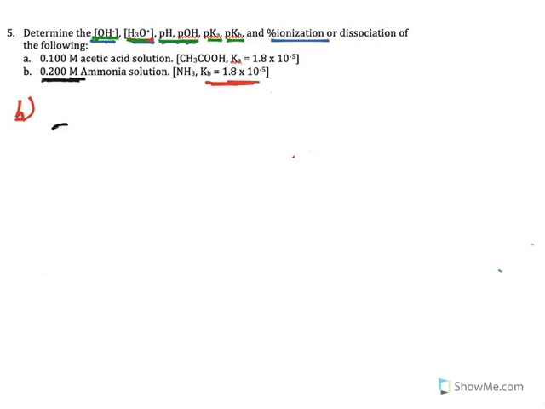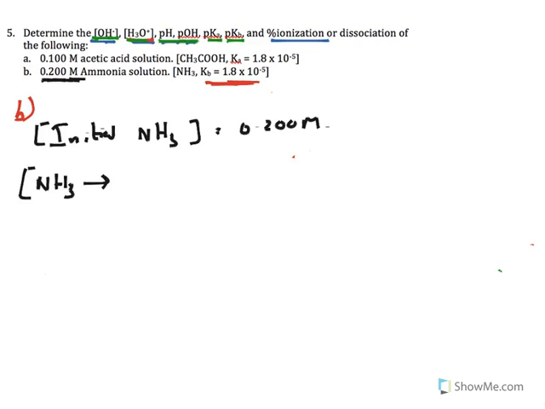So initial ammonia concentration was 0.200 molar. The concentration of ammonia which dissociated to form hydroxide ions is equal to 5.25 times 10 to the power of negative 12.